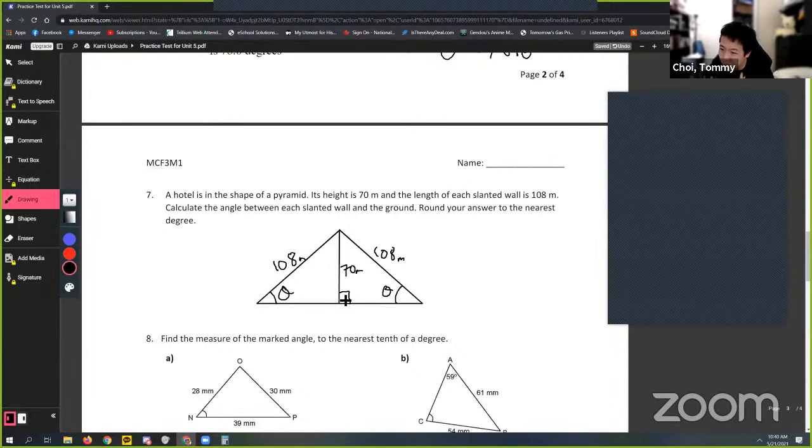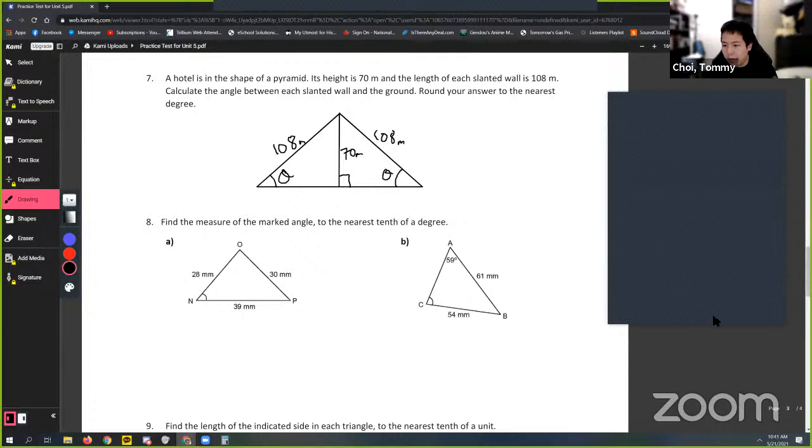Cosine law here wouldn't really work as much because you don't have the correct sides. It would be a little awkward to use cosine law to start off. So I would go with SOHCAHTOA or sine law here. Those would be your 2 choices for question 7.